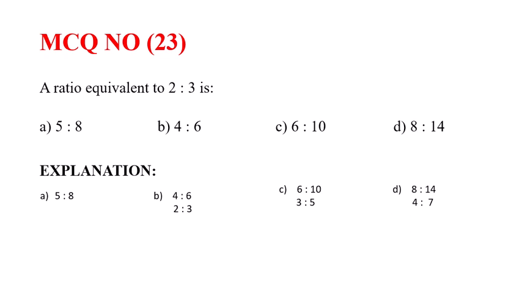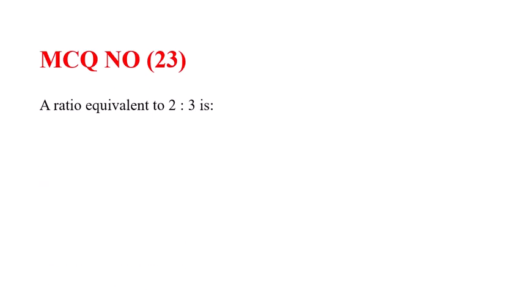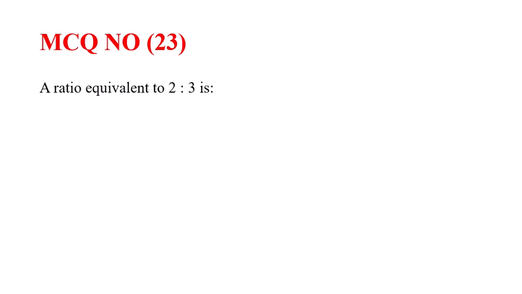And option D is 8:14. These two numbers divide by 2, we get 4:7. So the ratio 2:3 is given by only one option. So option B gives the same answer. So the final answer of MCQ number 23 is B. The B option is 4:6.